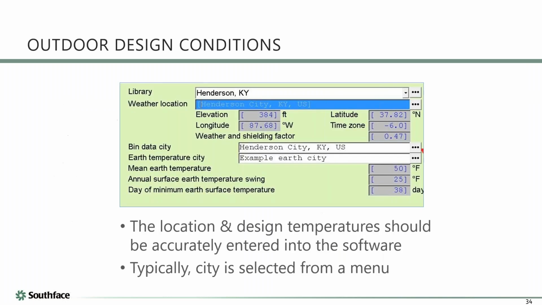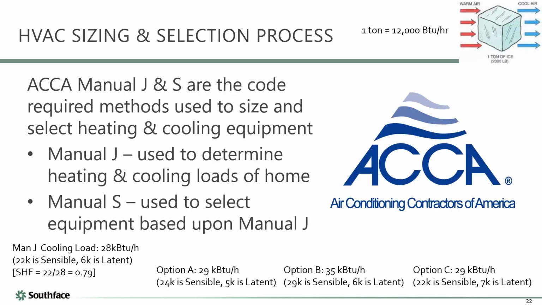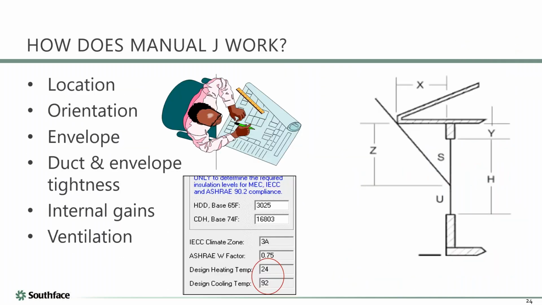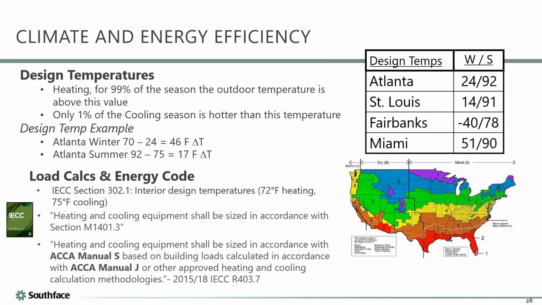Honestly, I don't care if it's 91 or 92. It depends on what it's for. I might even say, okay, you can go to 95 degrees. That's the upper limit. I'm going to wave my red flag in a big way if you're using a design temperature that's much hotter than that.